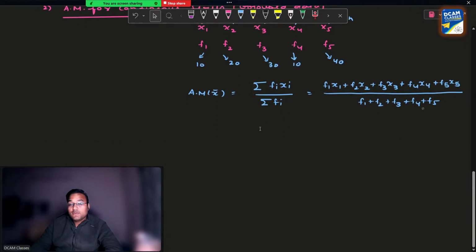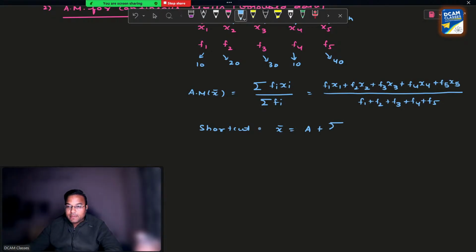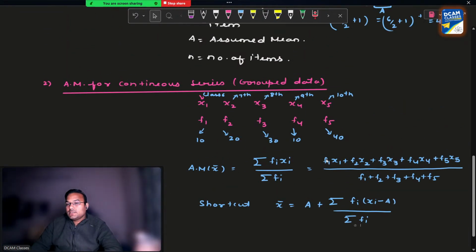Okay, so for this also a shortcut method is there. The shortcut method: x bar is equal to a plus sigma fi into (xi minus a) divided by sigma fi. Again, in the same way, you have to assume the mean. Like here, 5 numbers are there, n is equal to 5.